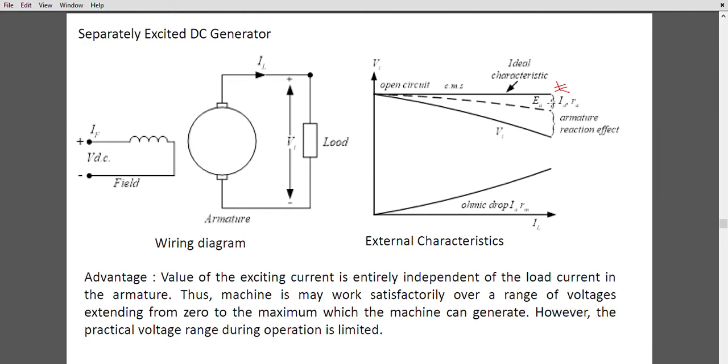So whenever a load is connected to this armature, on the load side, there will be a voltage drop across the armature. So here there will be a voltage drop which is IARA, right?